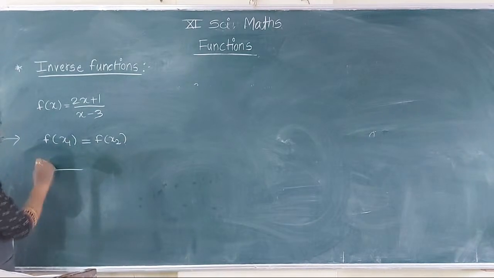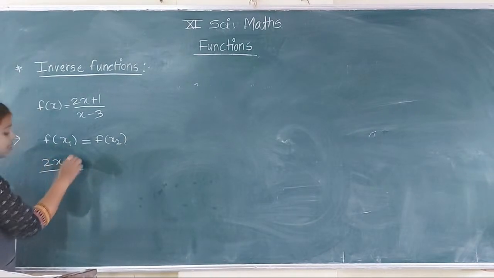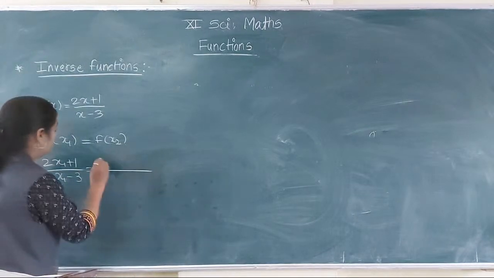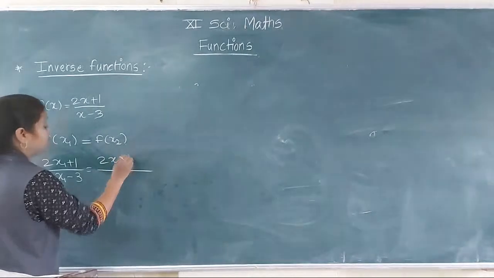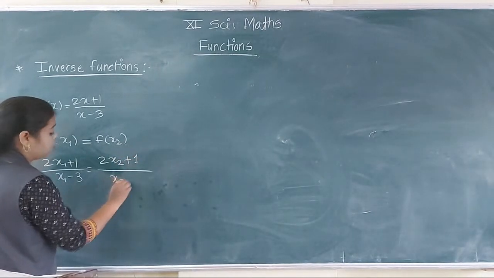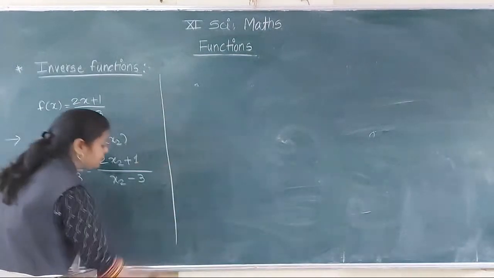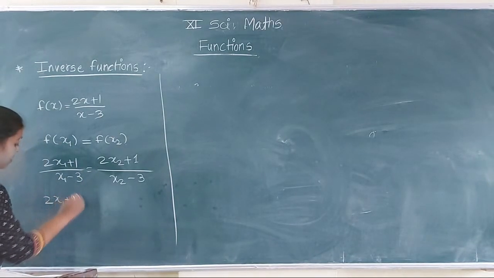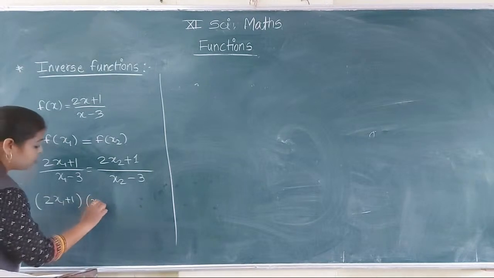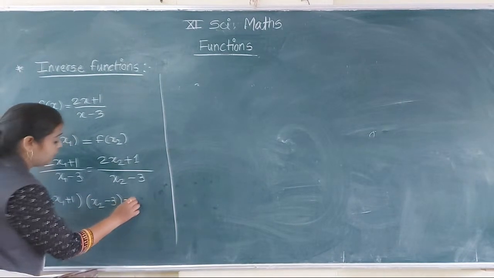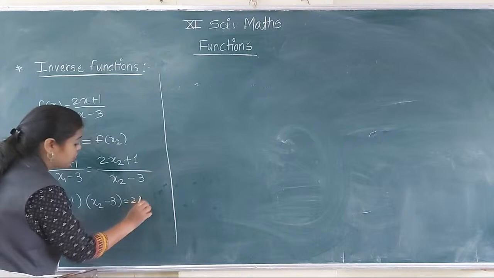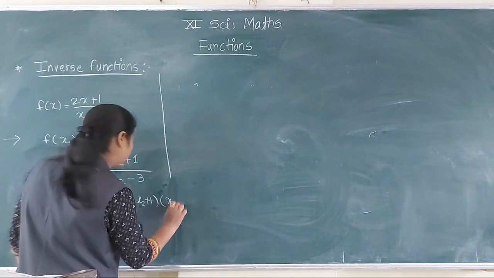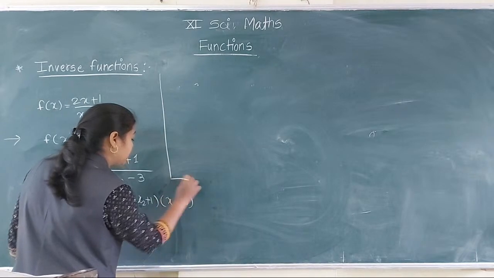So f of x1 is 2x1 plus 1 upon x1 minus 3 is equal to 2x2 plus 1 upon x2 minus 3. So we'll check here 2x1 plus 1 into x2 minus 3 is equal to 2x2 plus 1 into x1 minus 3.